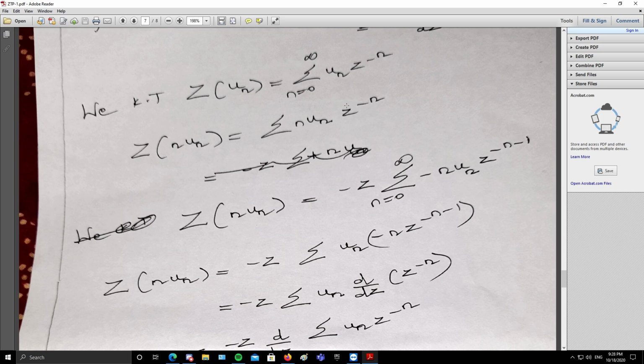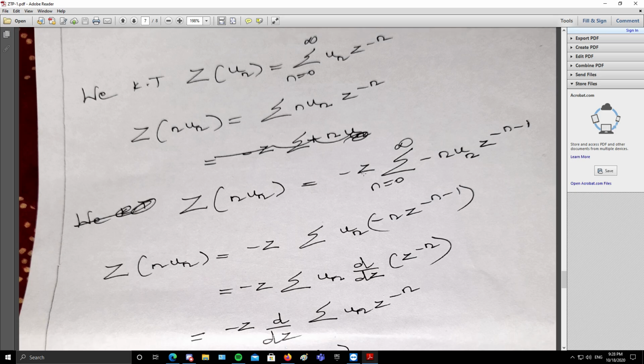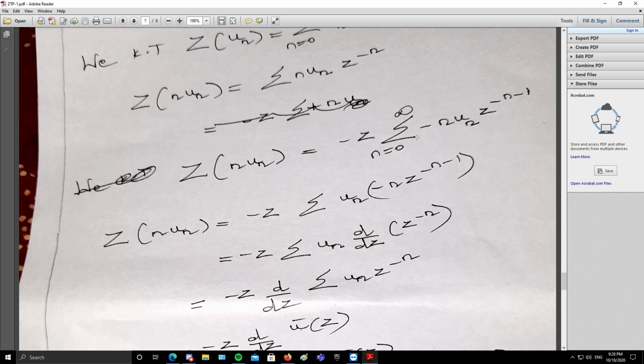The next step, split n z^-n as -z^-(n-1) into z. So minus z is outside, and minus into minus is plus, so summation un into -n z^-(n-1). I repeat, we are splitting z^-n as z into z^-(n-1), and you multiply outside the summation and inside the summation. Minus into minus is plus.